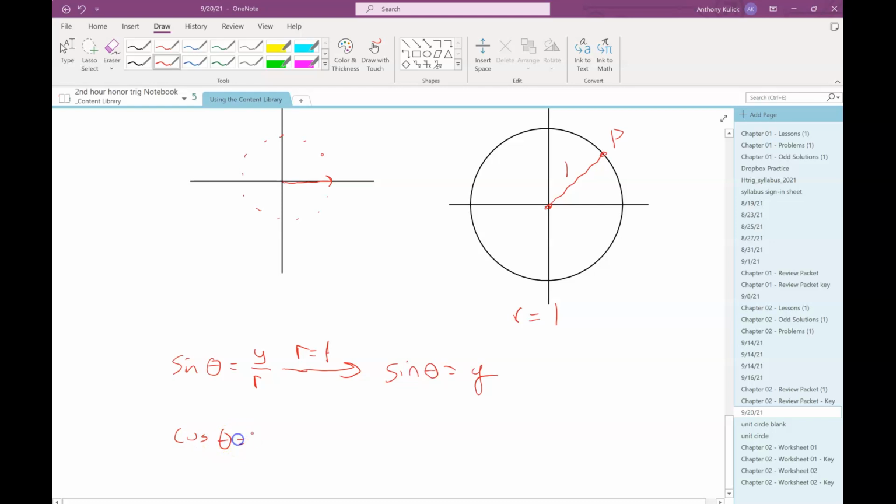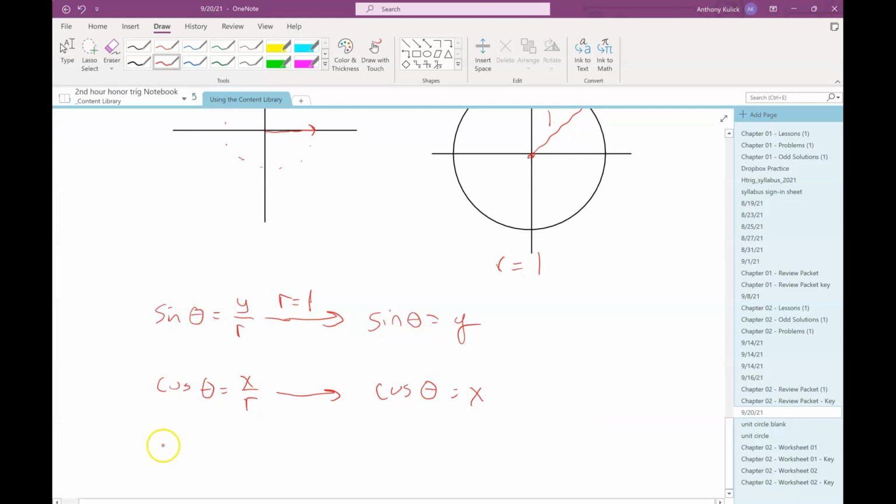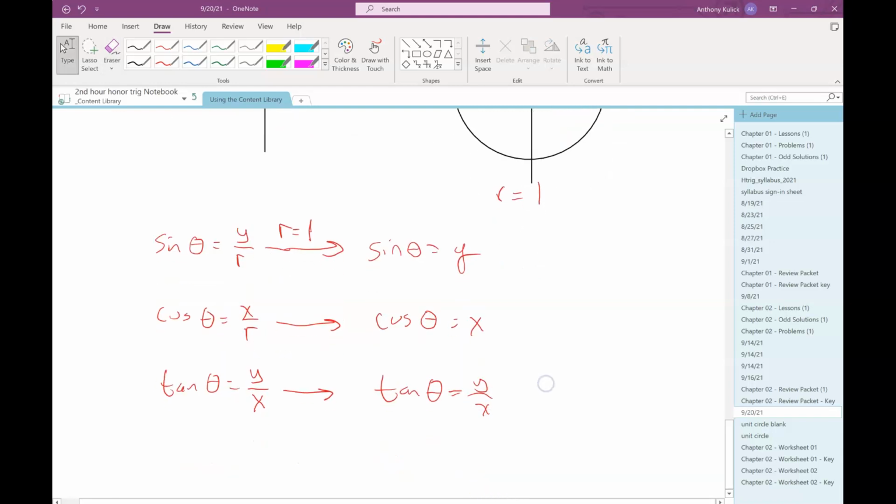And cosine theta was x over r, but r is 1, so the cosine is just the x coordinate for P. Tan theta was y over x, but that doesn't change anything, since r isn't involved, that didn't matter.